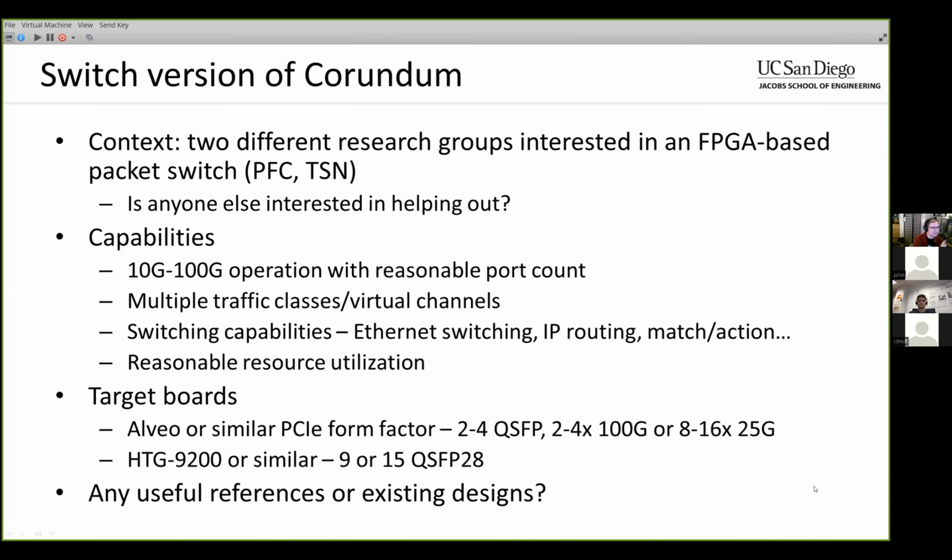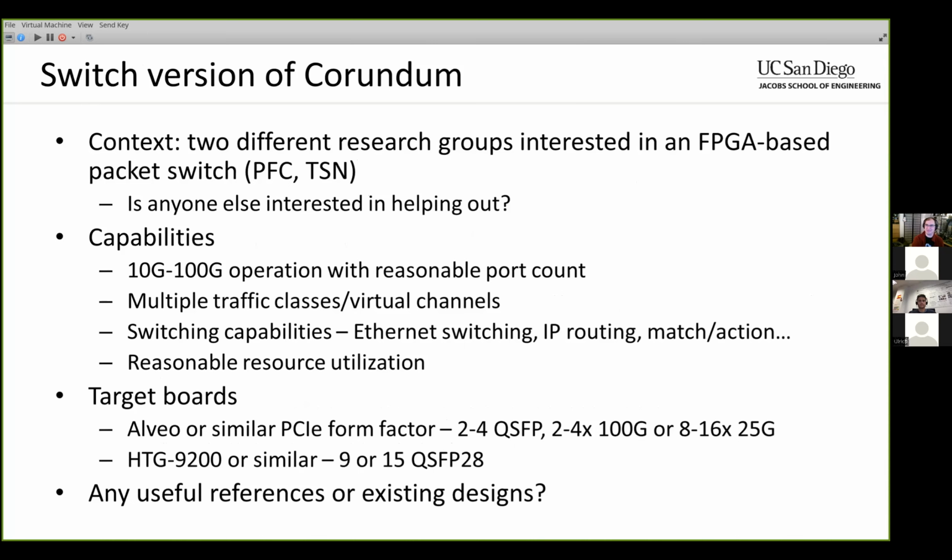All right, and that brings me to the last thing that I'm talking about here, and this is also just a bit of food for discussion. So the idea is to build potentially a switch version of Corundum, and the context here is that there are two different research groups that I've been in communication with that are interested in building some sort of FPGA-based packet switch for their research.